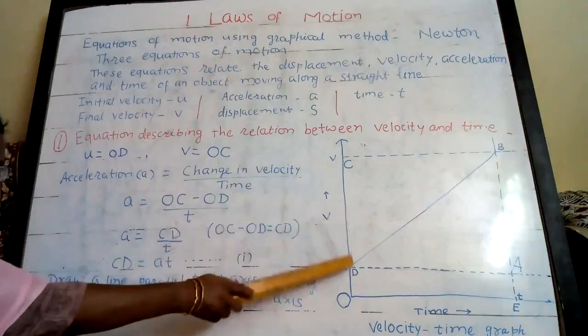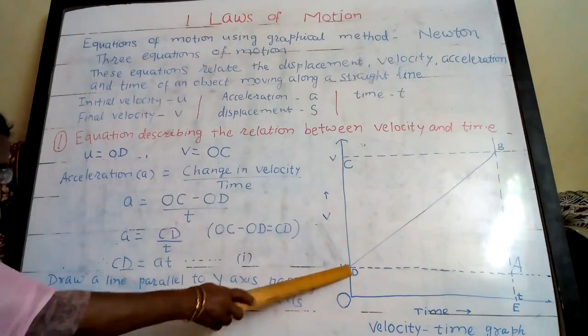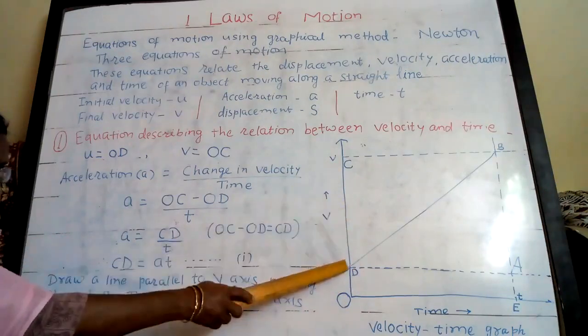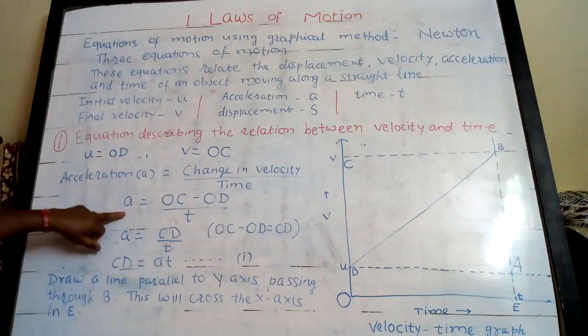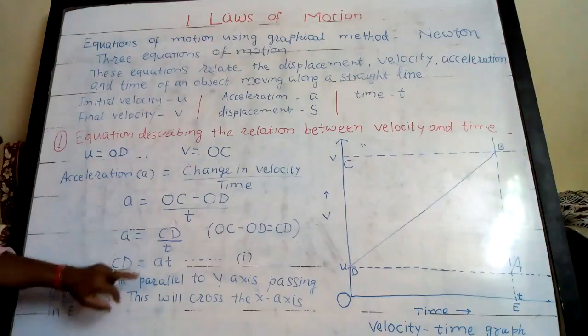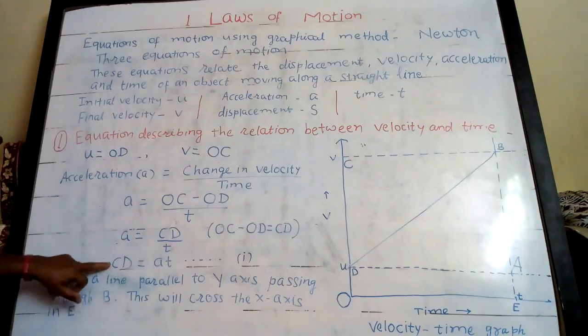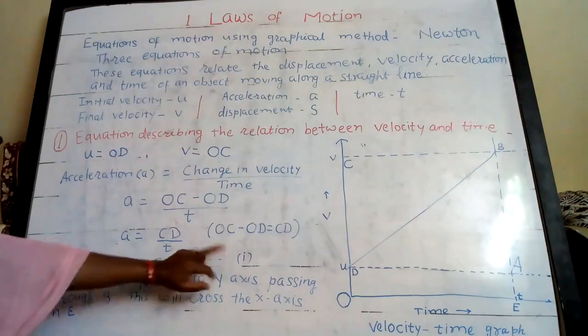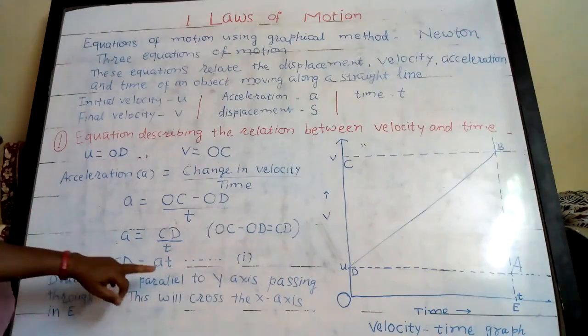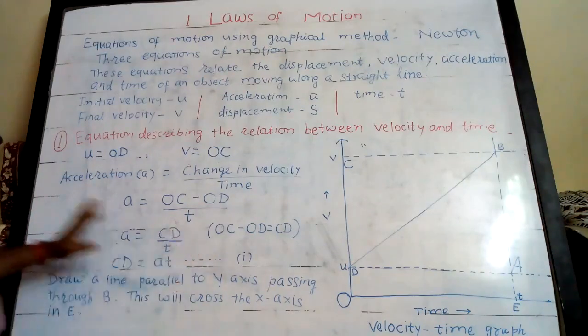Here you can see, when OD is taken away from OC, it leaves CD. So a is equal to CD divided by t, and therefore CD is equal to at. Name this as equation number 1.